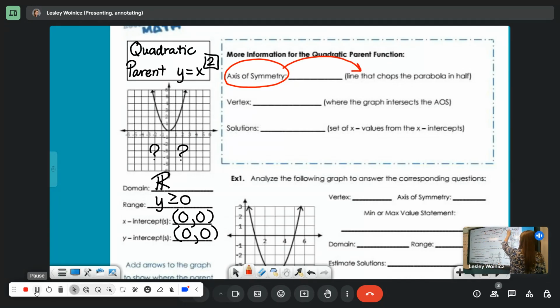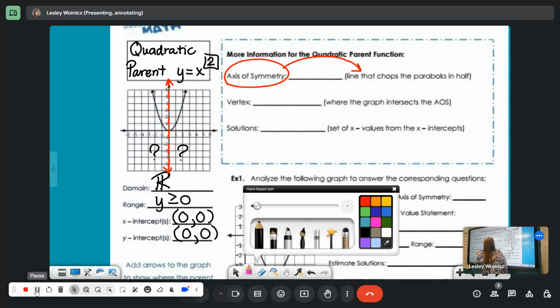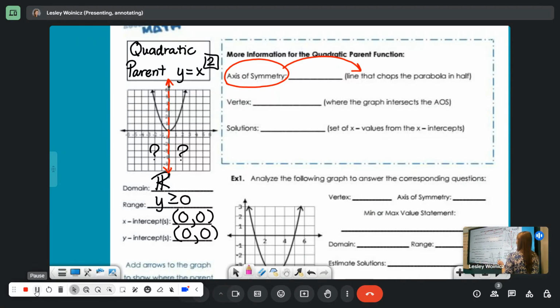So if I go, okay, that is my axis of symmetry. What this means is that if I were to reflect my parabola in this line, it would just land on itself.